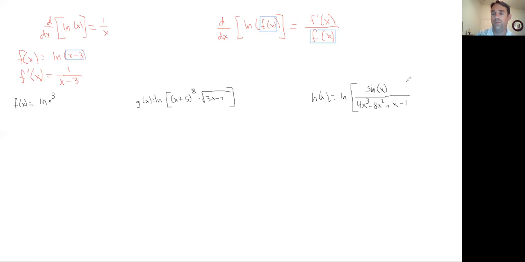Now, before I have you guys pause the video to solve this, here's my little hint for y'all. Expand your logs and separate them. All right, go ahead and pause the video, see what you can do.